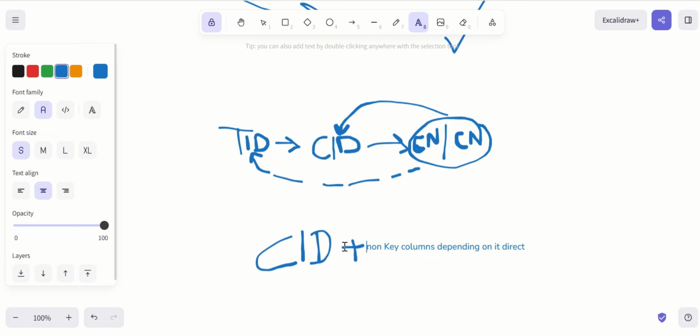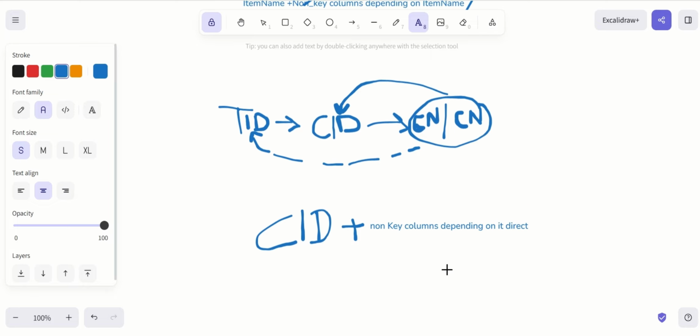Yeah, so this one will create another table, and then let's go back to the same table.